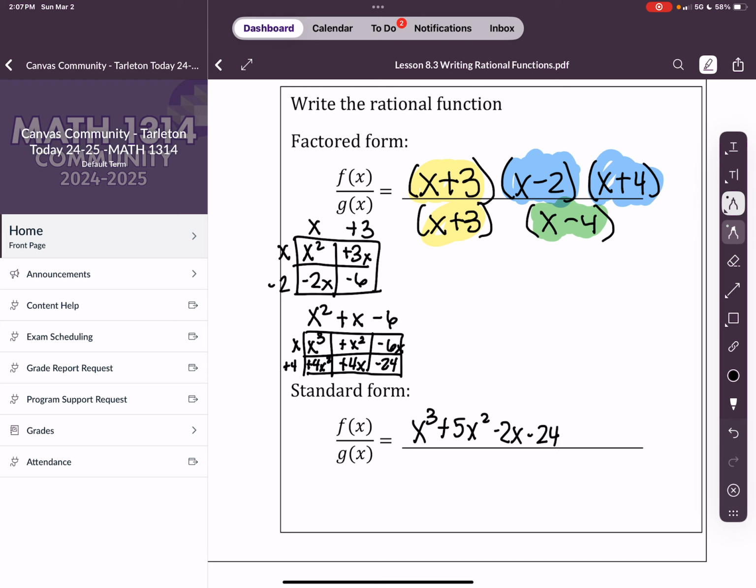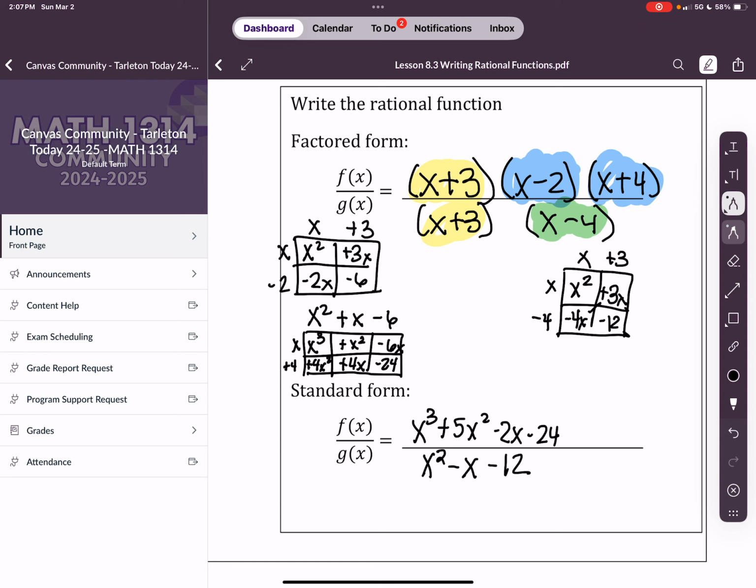And I need to multiply out my denominator. So we're going to multiply x plus 3 times x minus 4. So we get x squared plus 3x minus 4x minus 12. And so that's going to become x squared minus x minus 12.